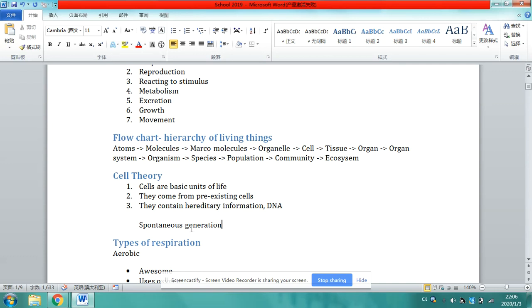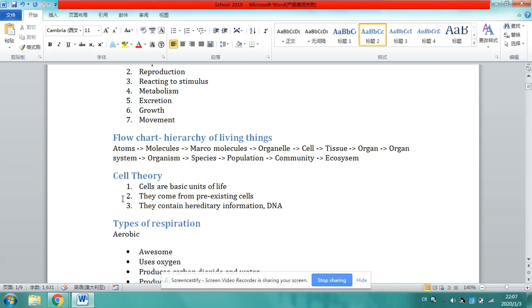They would think that a baby mouse would pop up somehow, spontaneously, like magic, from a dirty cloth and some crop. They actually did an experiment where they put some food in a pot and left the lid open. I think it's 21 days later, they checked the pot and there were baby mice in there. And that's how they proved that this was a working theory. But looking back now, nah, just cross this out, and we have a better thing called cell theory.